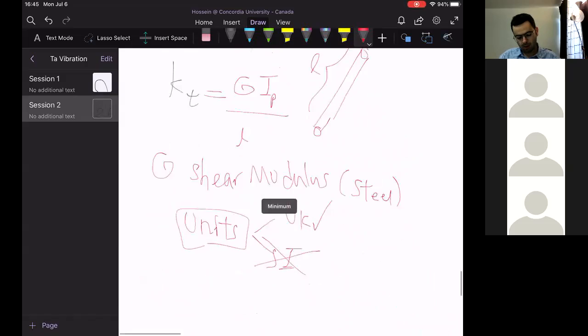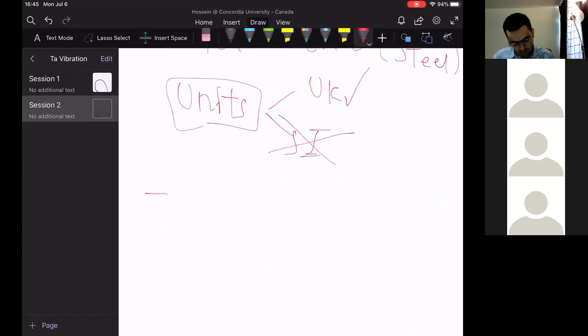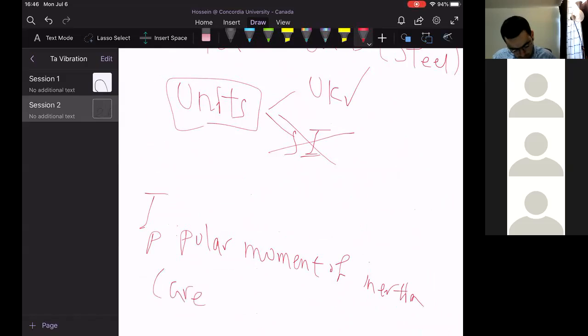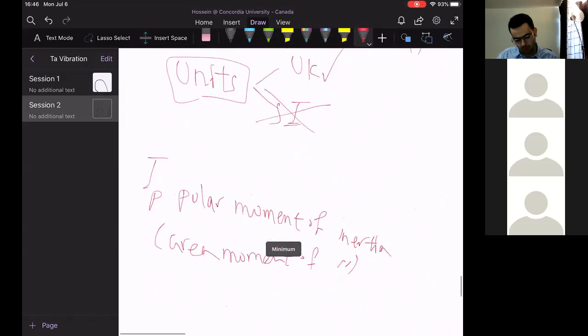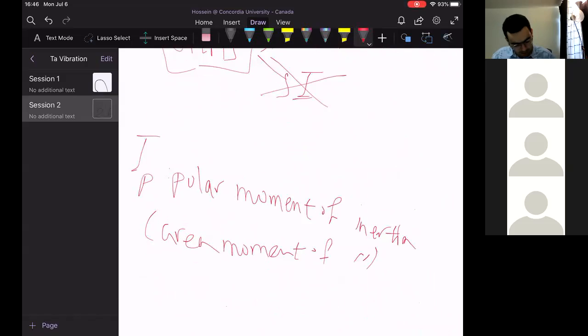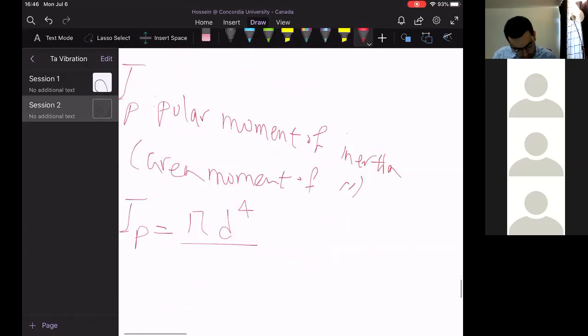KT is GI over L, and I is polar moment of inertia. Polar moment of inertia for the shaft, area moment of inertia, or second polar moment of area. So IP is equal to pi d to the 4 over 32.